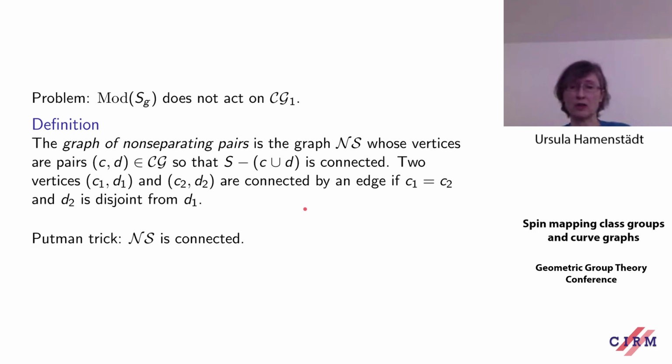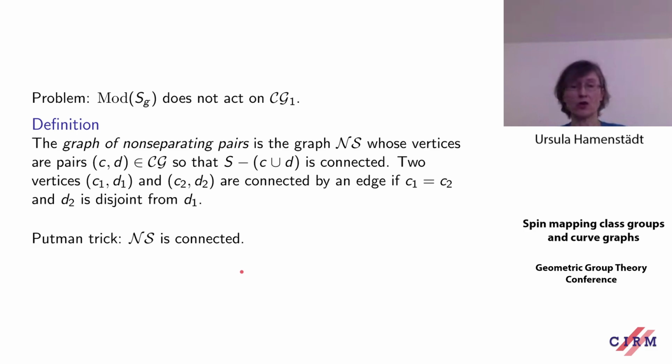Then two vertices are connected by an edge, so that's a definition. So we have vertices are pairs. C1, D1 and C2, D2 are connected by an edge if, by definition, C1 is equal to C2 and D2 is disjoint from D1. And now the Putman trick tells us, because now the mapping class group acts on this graph, that this graph is connected.